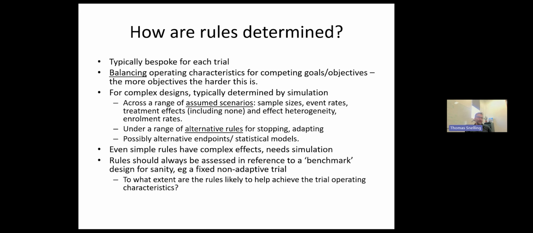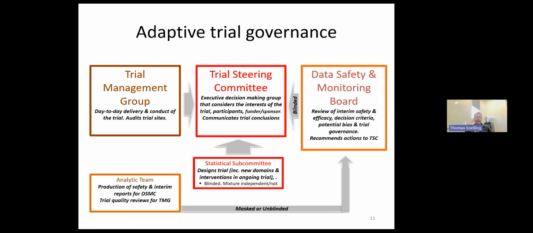And so to what extent are the rules for adaptation that we're implementing likely to help achieve the desired operating characteristics versus hinder them? So I will now hand over to Julie to talk about governance and information flow.